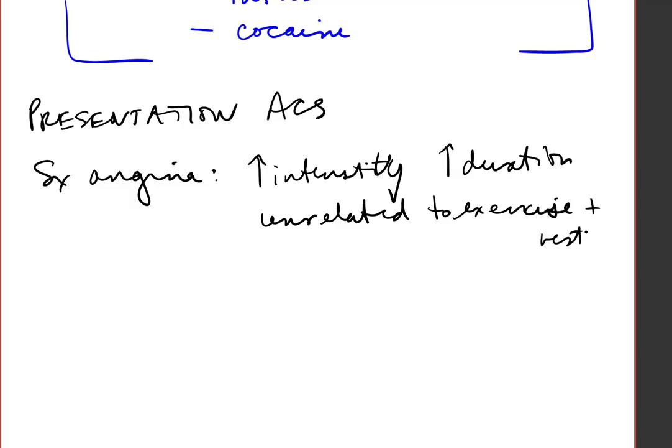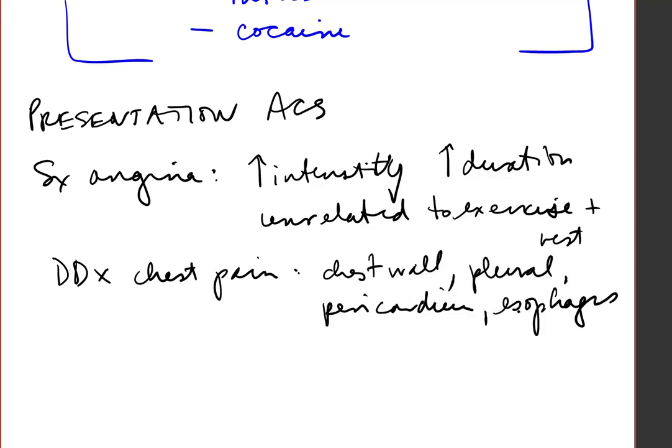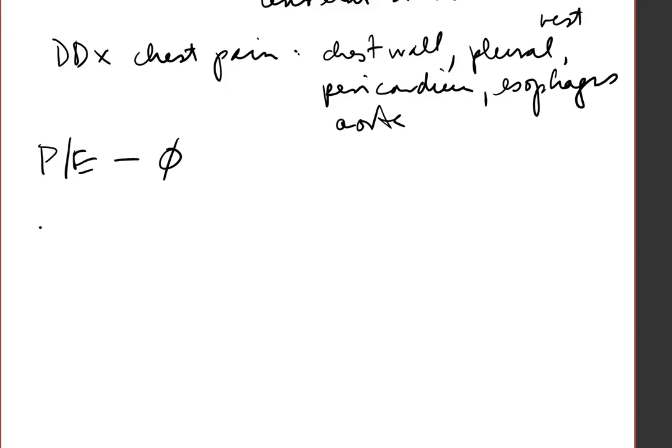This then falls under the differential diagnosis of chest pain, which includes chest wall, pleura, pericardium, esophagus, and aorta. The physical exam basically is not typically helpful, and therefore we count on lab tests. The key critical lab test is going to be the electrocardiogram.